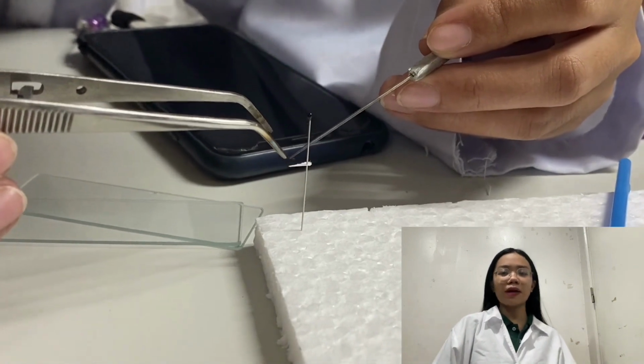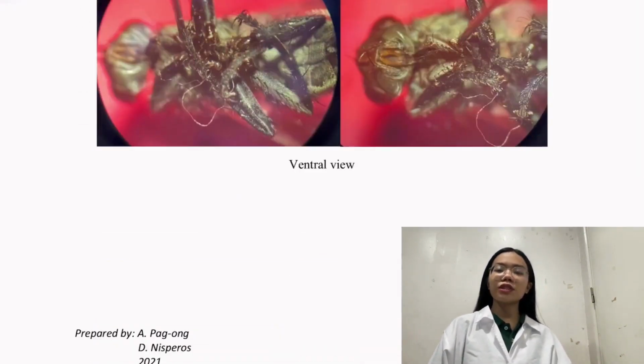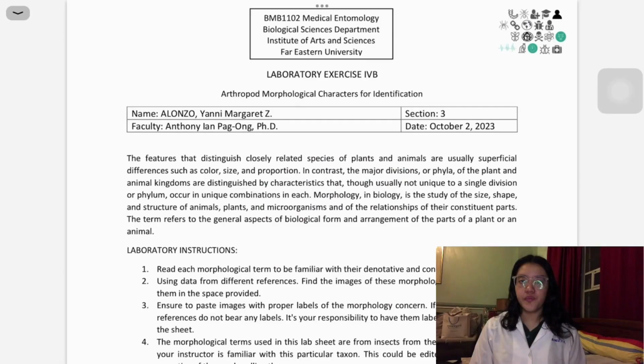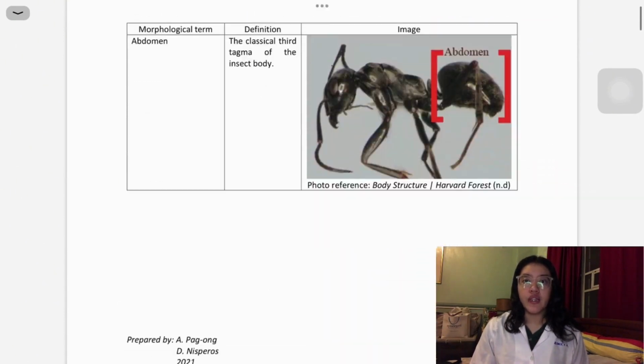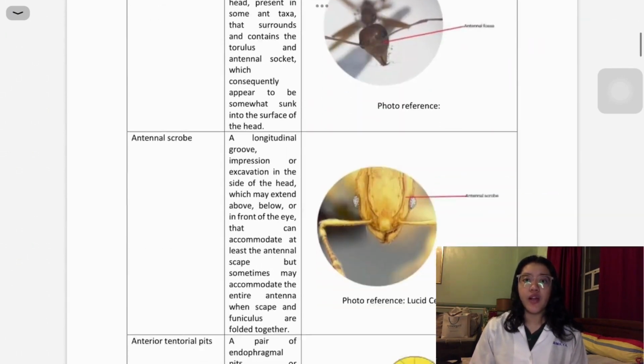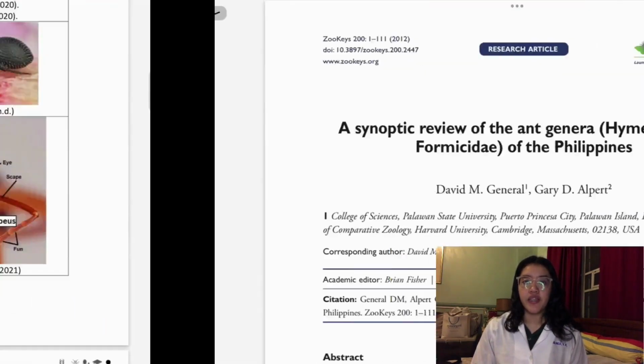These specimens were mounted and we examined them under the dissecting microscope, and we captured the anterior, dorsal, and lateral view of each specimen. The arthropod morphological characters are used for a system of classification that enables us to impart order to a complex environment. There are more than 100 morphological terms needed to be familiarized with to classify the subfamily and genus as well as the species under the Formicidae family.